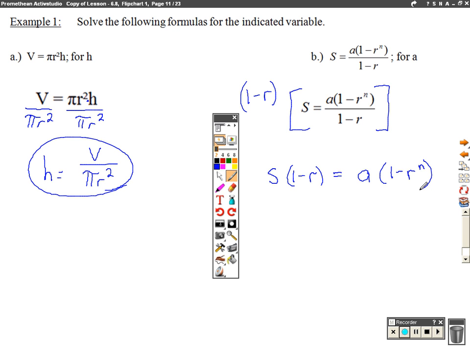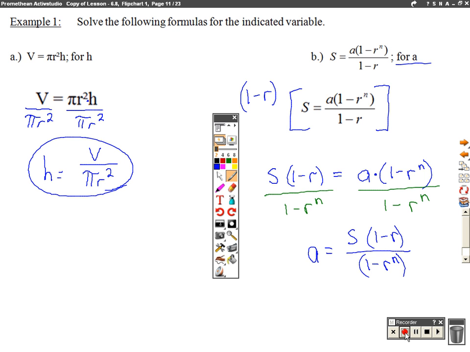We were asked to solve for a, so I need to get a by itself, and we have some multiplication here. I can undo that multiplication with division again, so I divide both sides by 1 minus r to the n. The 1 minus r to the n's cancel, I'm left with a, which is what I was looking for, and I am done.